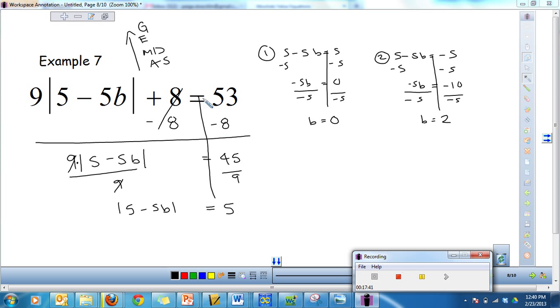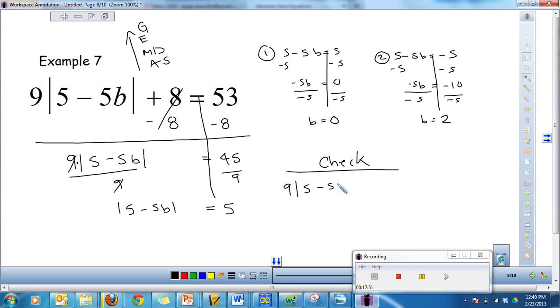Let's check our solution, especially here when this is a big complicated problem. So I had 9 times the absolute value of 5 minus 5 times b. b was 0, that was my first one, so let's use that one first. Plus 8 is 53. Well, 5 times 0 is 0, and 5 minus 0 is going to be 5.